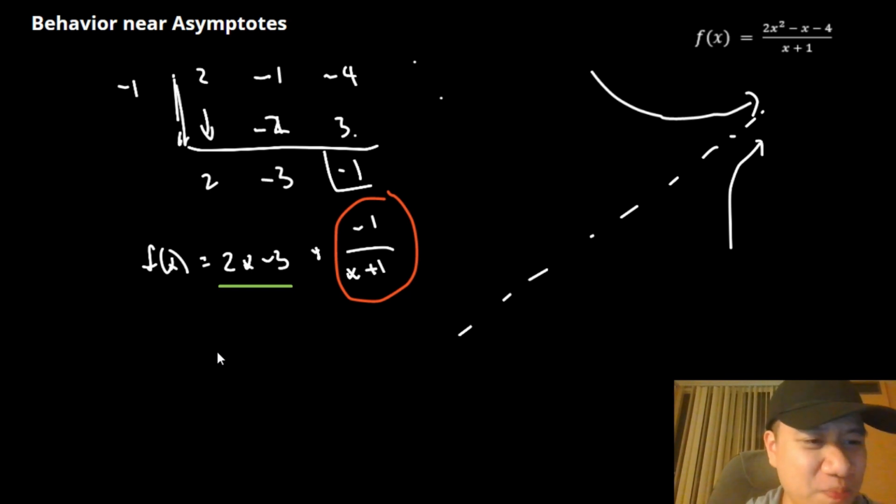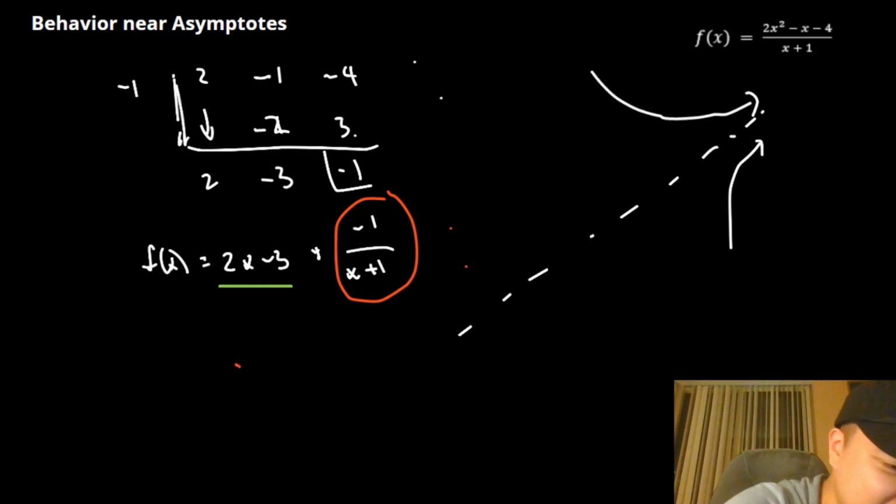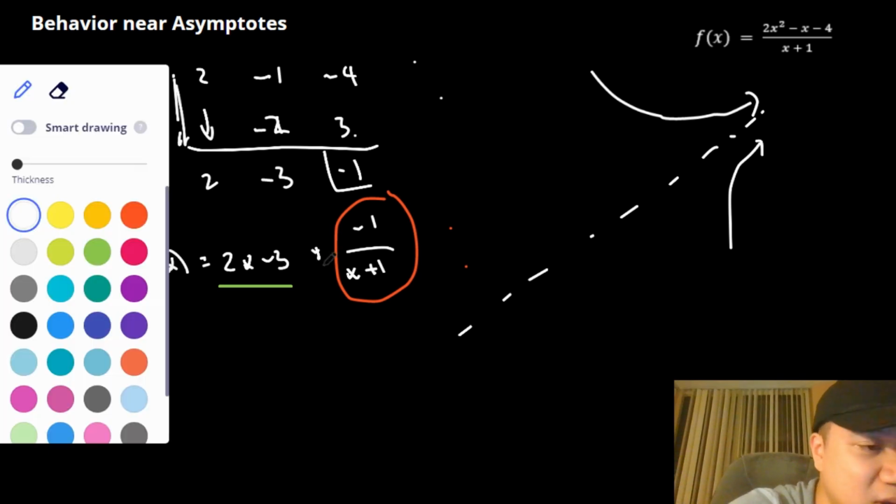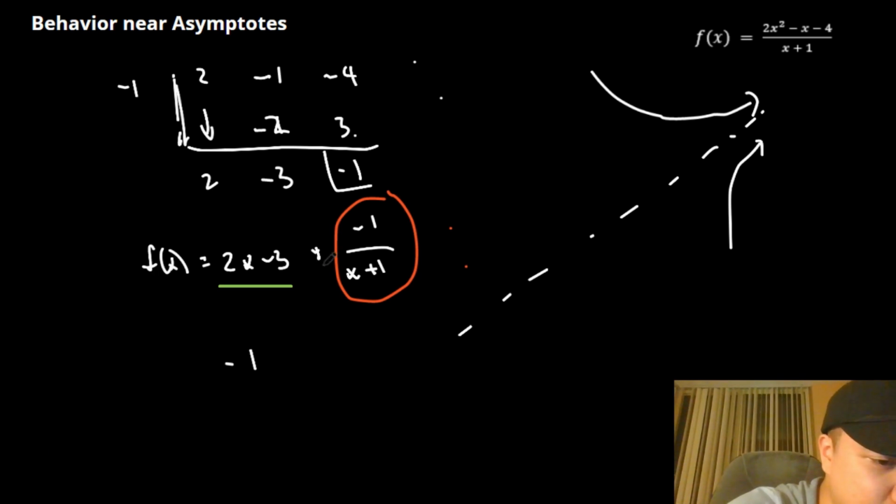All we have to do is sub in 1000 just like before, but instead of subbing in 1000 to the entire function, we're just going to substitute it in here. And we're going to see what happens. So if you sub 1000 into this, what we get is -1 over 1000 plus 1, which equals -1 over 1001.